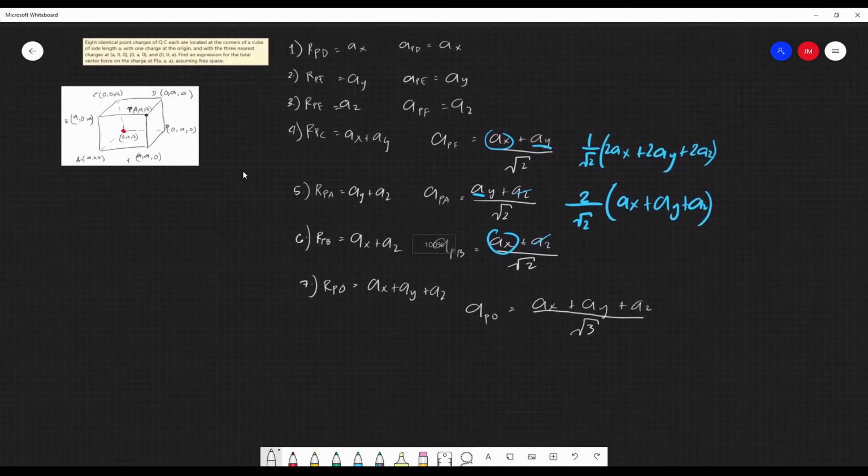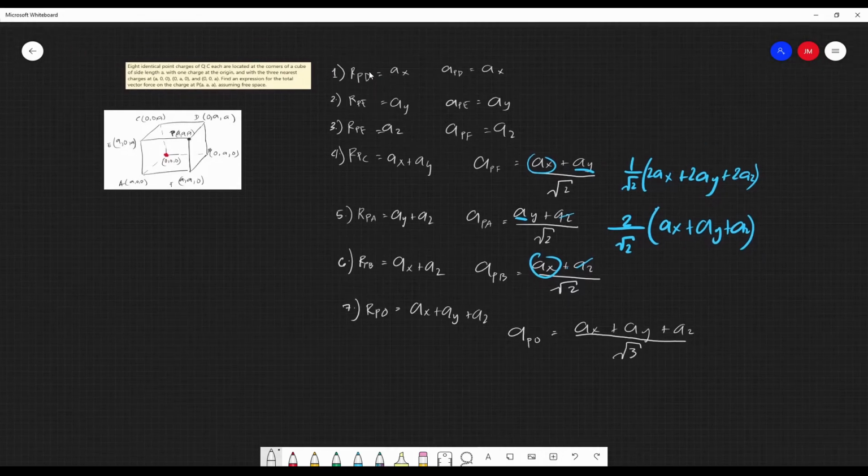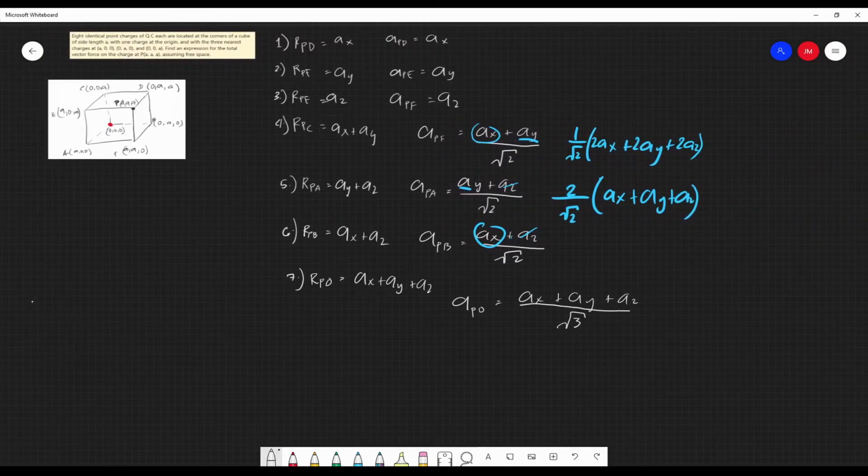It's simple. Let me just zoom out a bit so I can write everything here. I hope you can still see it. Since all of them are identical, acting on point P, we can just simply put Q squared over 4 pi epsilon naught.